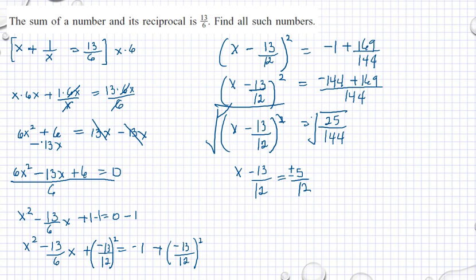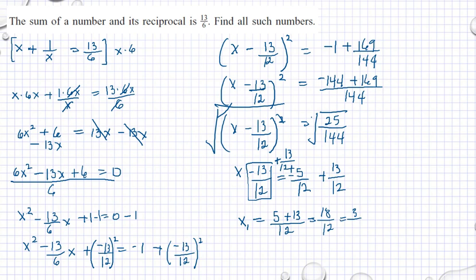So if we move this one to the left hand side by adding 13/12 to both sides of the equation, then we have two possibilities. x1 now is 5 plus 13 divided by 12, that is 18 divided by 12, that is 3/2.